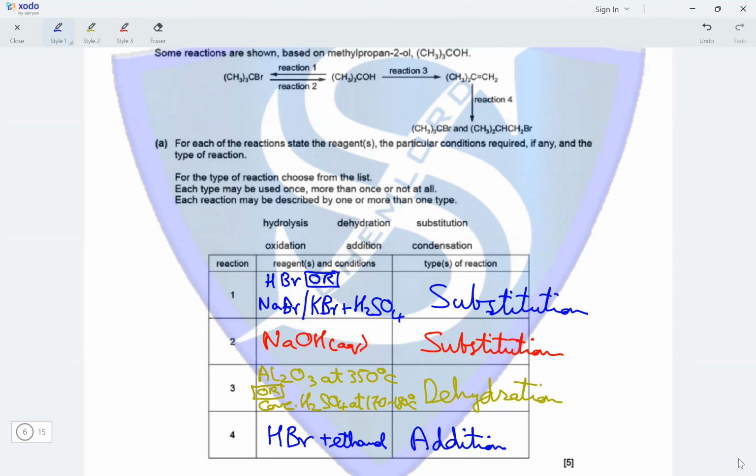So ethanolic HBr is required to carry out this addition. We can actually have just HBr reacting with the alkene as well. And the two products formed would be the one having a Br group added to the carbon atom, which forms a tertiary halide, or to the primary position, which forms a primary halide. So the tertiary would be the major product, the primary would be the minor product in this case.